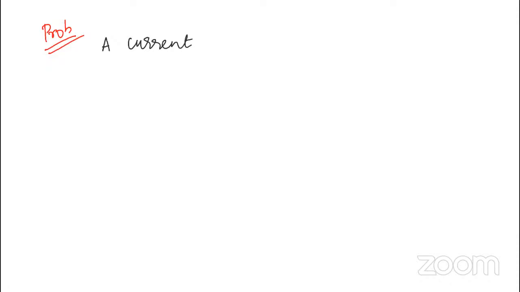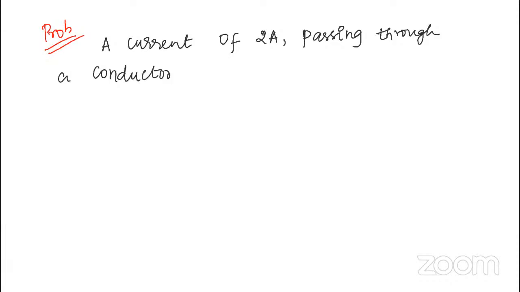A current of 2 ampere passing through a conductor produces 80 joules of heat in 10 seconds.